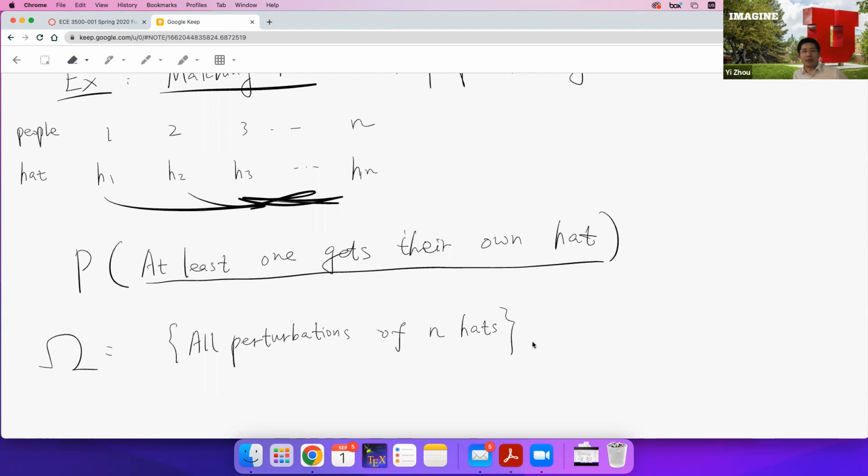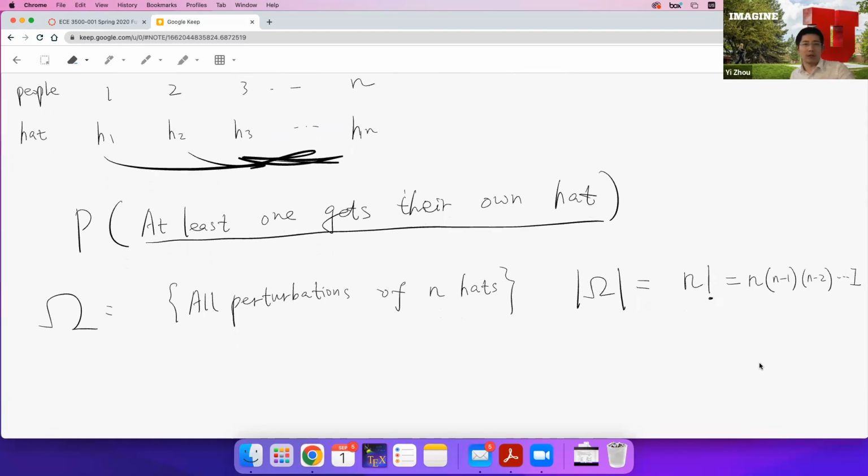Every different permutation is one possible outcome. So in total, according to the permutation calculation, we have this many possible outcomes.